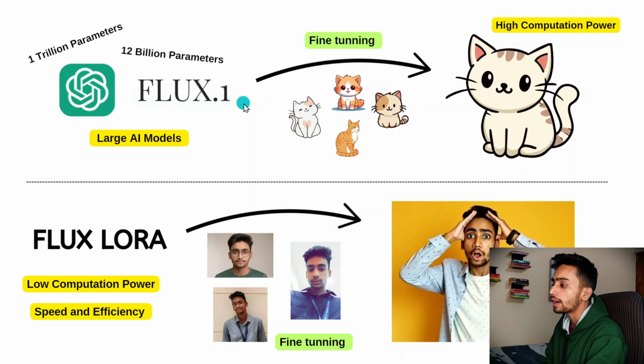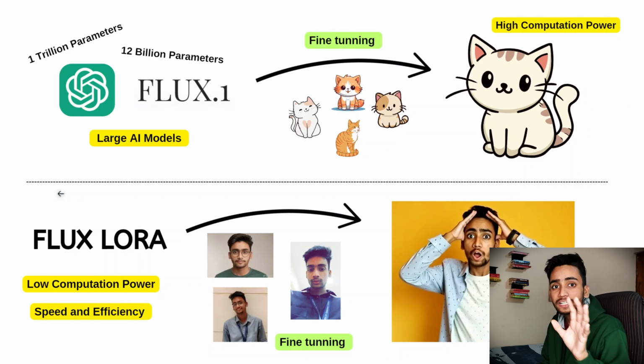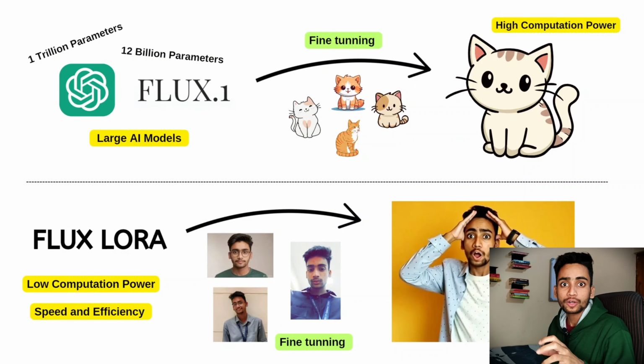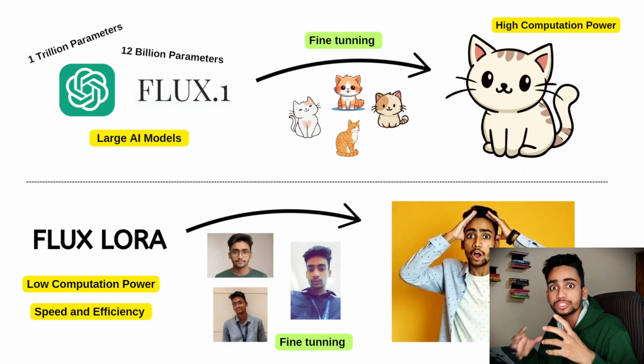So if you fine tune these AI models using cat images to generate cats or to recognize cats, it will require high computation power. That's why we create LoRa's, meaning low rank adaptation. These are smaller or highlighted versions of the original big models.